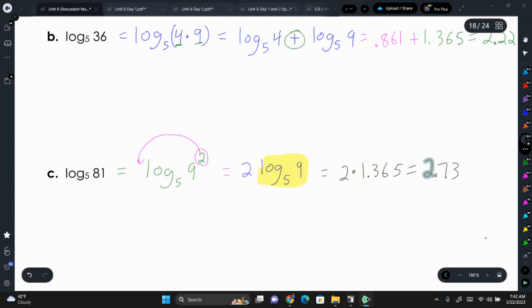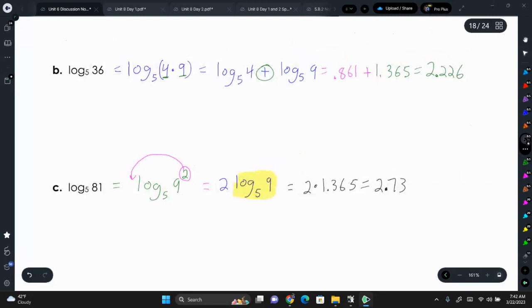So this skill that we're talking about here, using your properties of logs to evaluate, is becoming more and more obsolete or less common to use because our calculators can do so much more on their own, where we wouldn't have to do stuff like this.